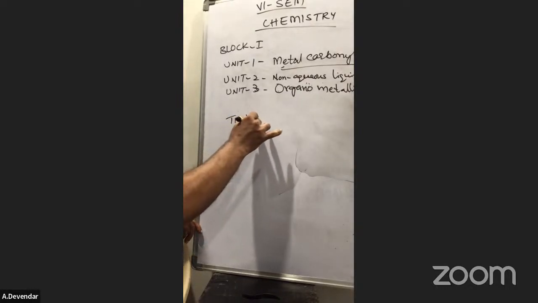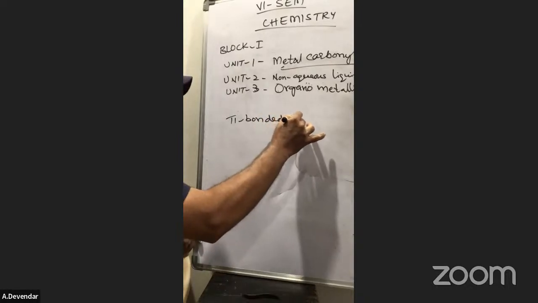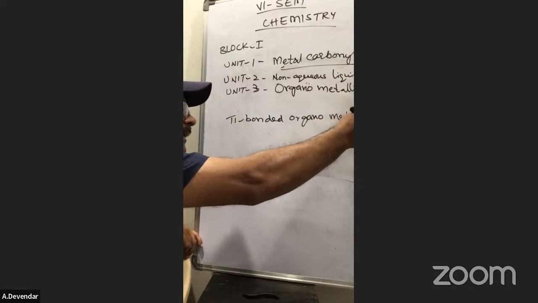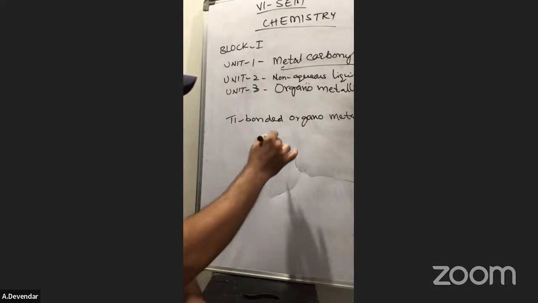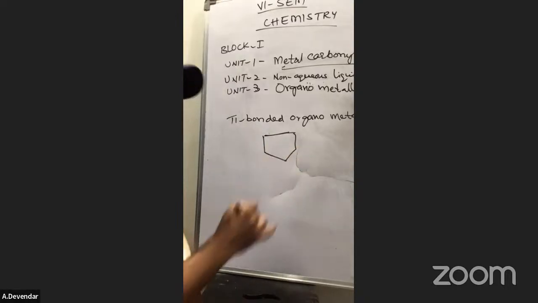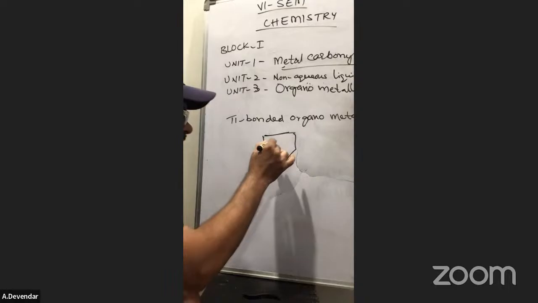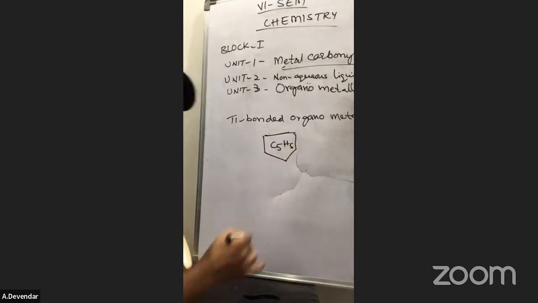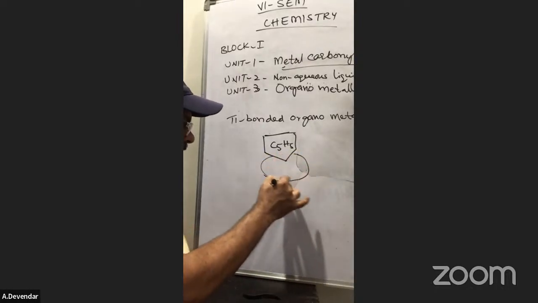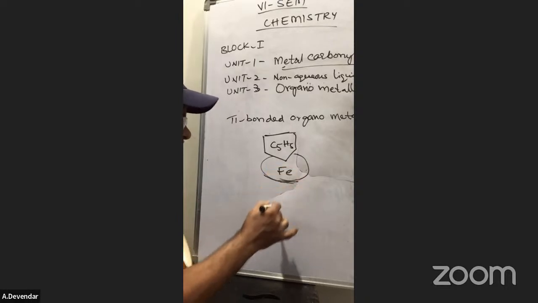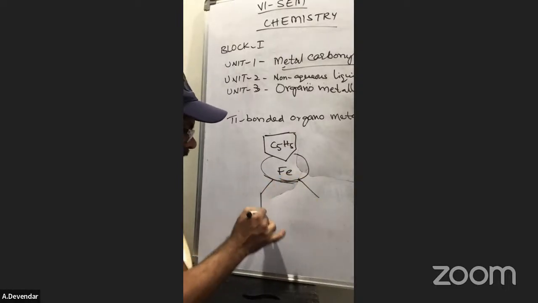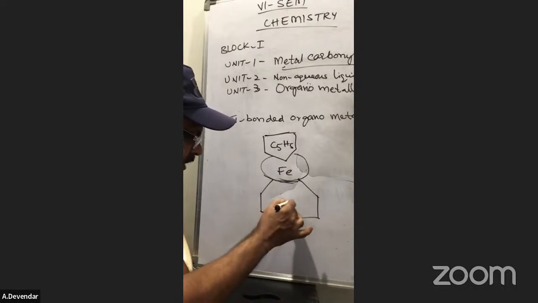There is a clear structure: a cyclopentadienyl ring, the cyclopentane ring, with carbon atoms bonded to a metal, that is metallic iron. This metallic iron is bonded with one more pentadienyl, which is C5H5.